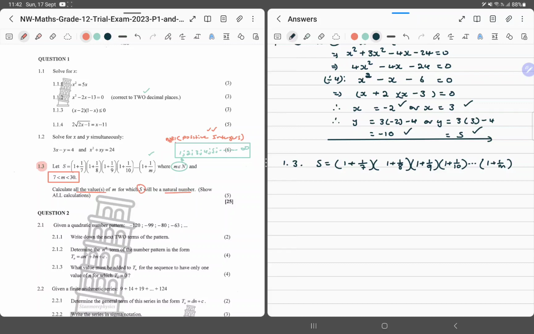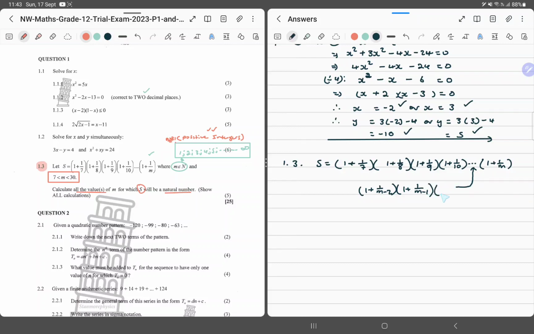So what do we do here? Well, guys, what is important is to notice that just before this last term, what must have happened here? This could have been 1 plus 1 over m minus 2, for example, multiplied by 1 plus 1 over m minus 1.